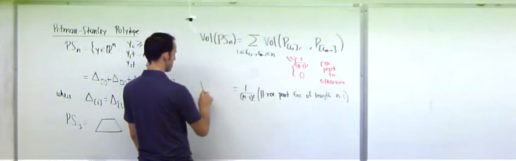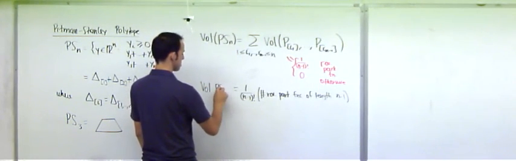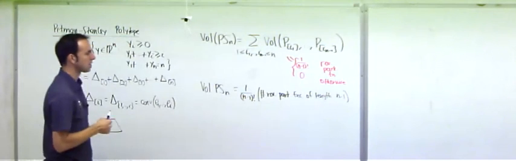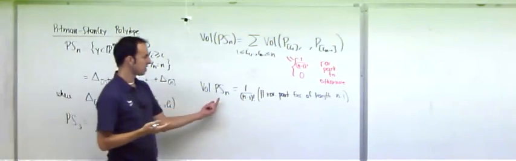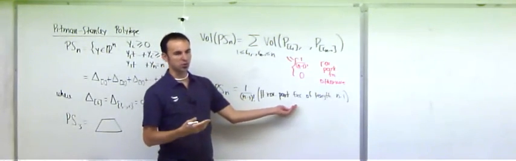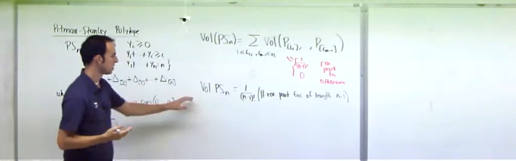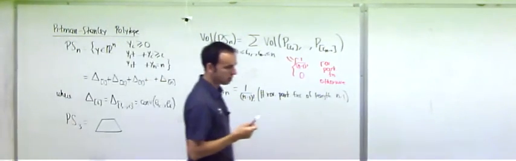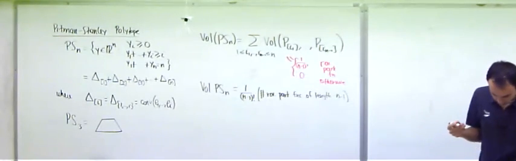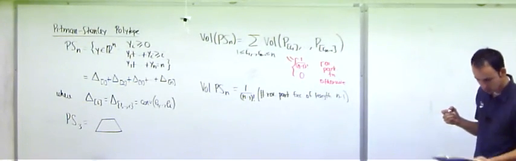Okay? And so this is our first formula for the volume of the Pittman-Stanley polytope. And it's a combinatorial formula in the sense that it just says if you're able to count these reverse parking functions, then you're going to be able to say what the volume is. Right?